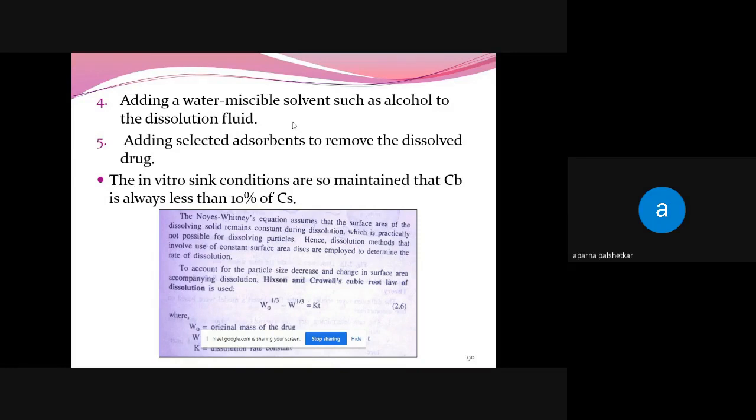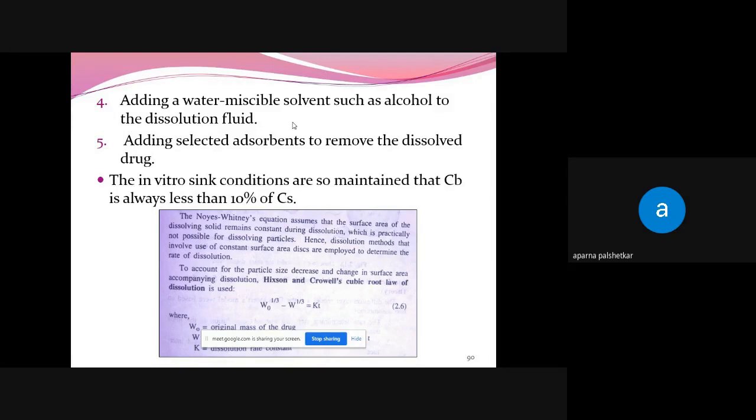We can go for an octanol and water system for improving the solubility of the dosage form, so that you can get good absorption, because it mimics our body. Similarly, in the body, we have surfactants also. So Tween 80 can also be added externally into this dissolution medium.